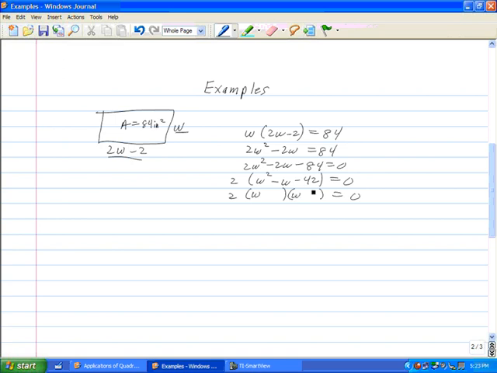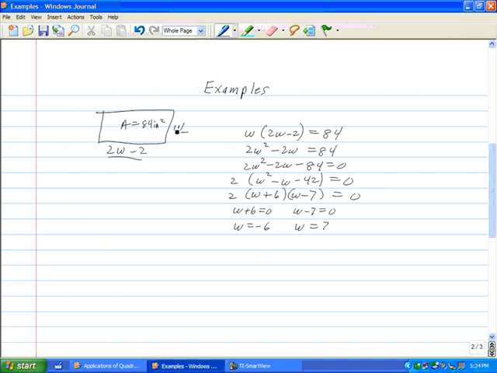w squared factors as w and w. Plus and minus gives you a minus, and I believe a plus 6 and a minus 7 gives us the correct factorization. So again, solving one at a time, we see we have, again, potentially two answers.